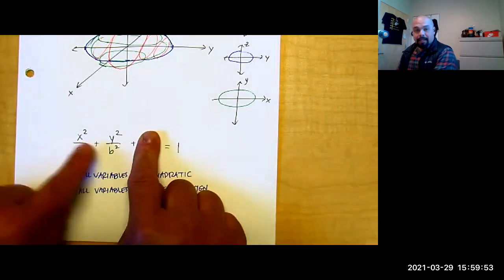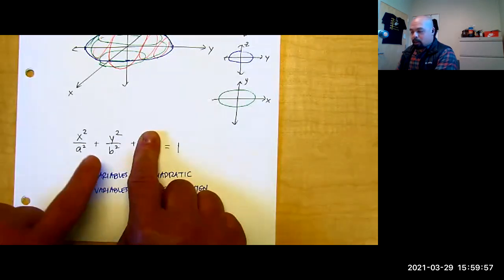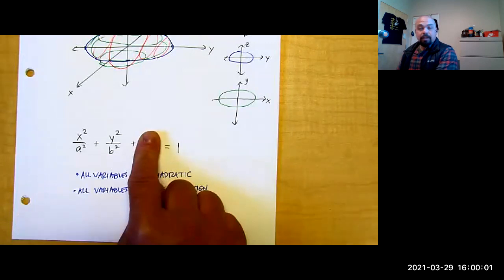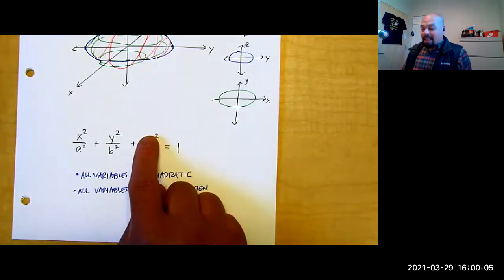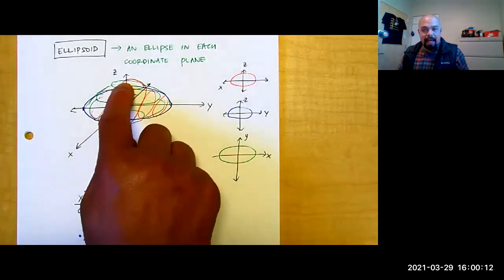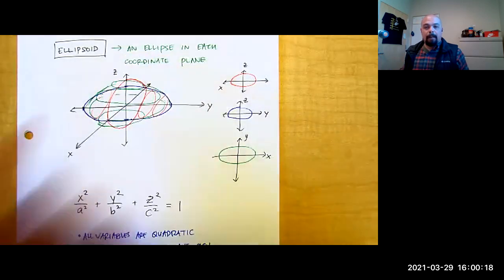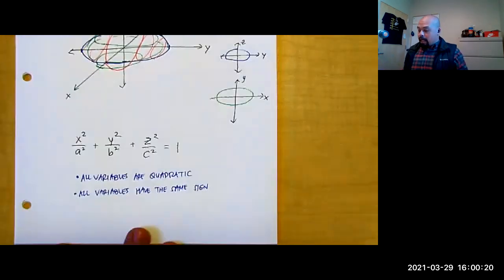Because they're both positive squares, we know we can't square something and get a negative. We're not going to add two positives and get a negative. So we don't have any points, any values that satisfy that. That's where we can start to see where that ellipse may end. You just get one single point that can satisfy. Anything beyond, we're not going to be able to plot.